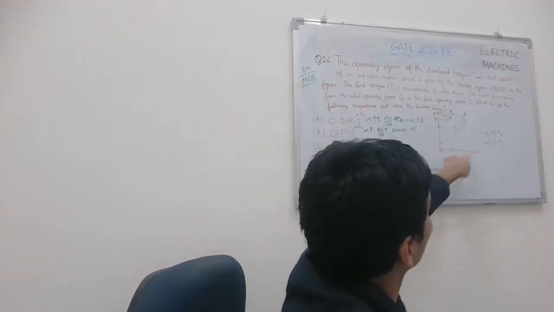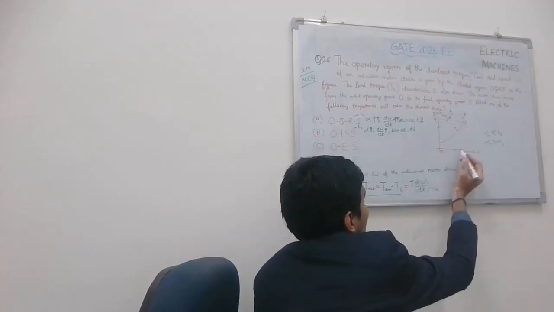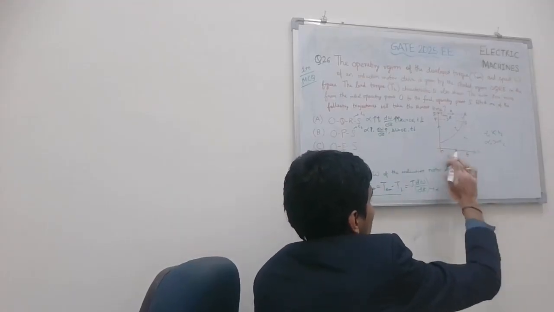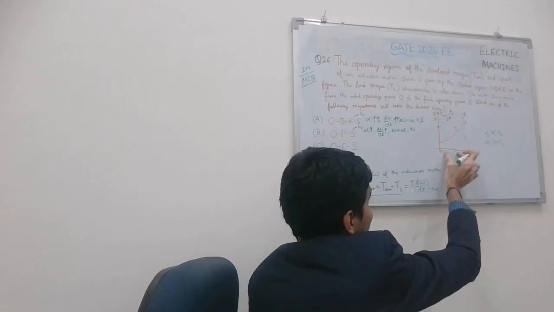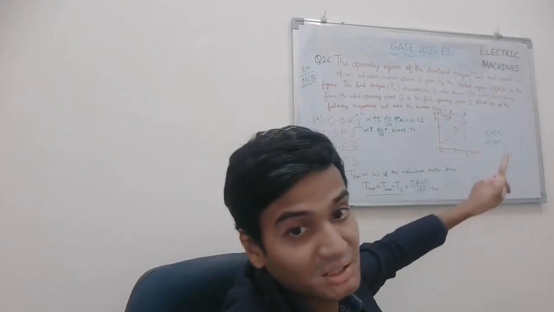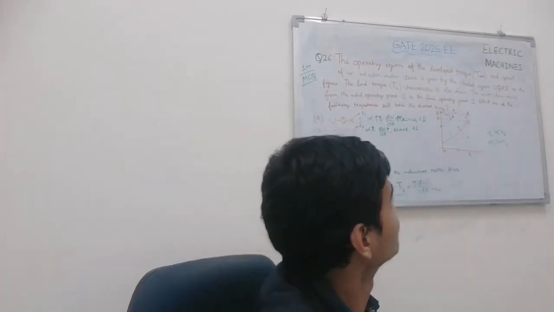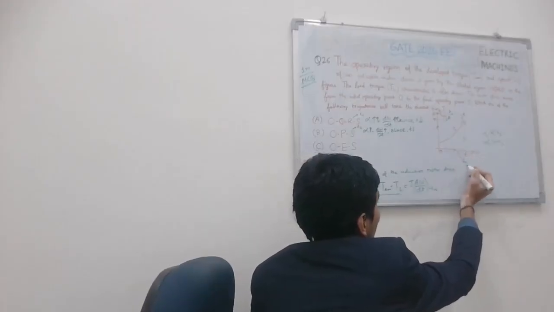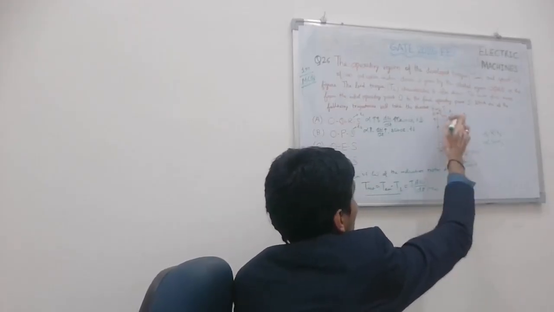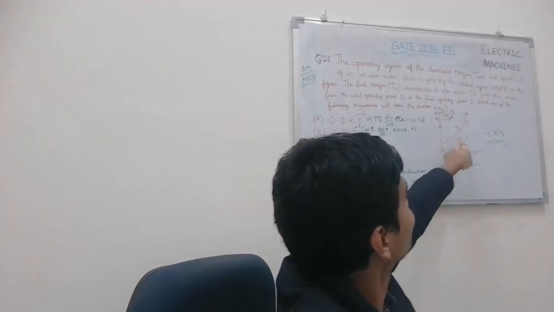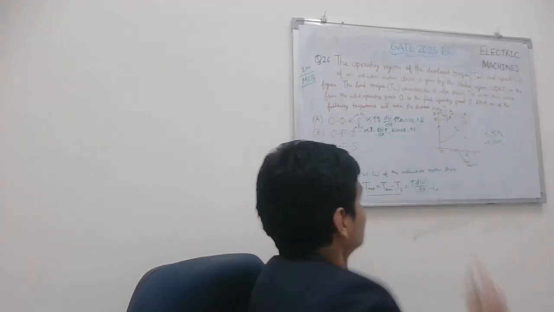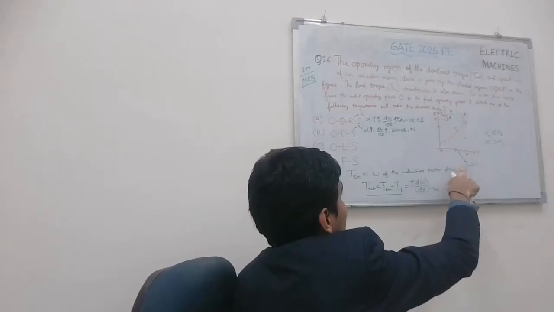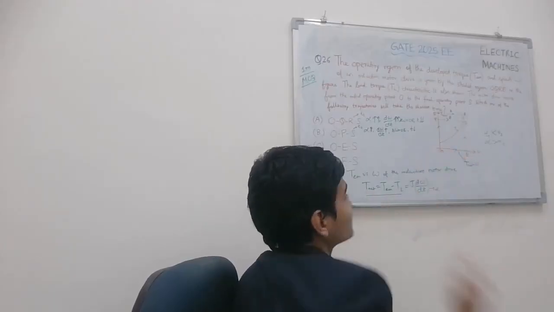Next, OES. Now OES will go through part OE, where the speed change happens. For part OE, the developed torque is less than the load torque, so the net torque is negative.